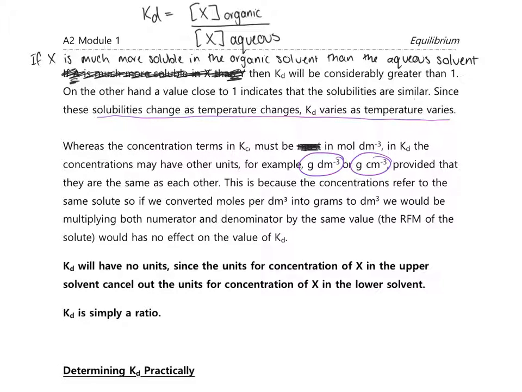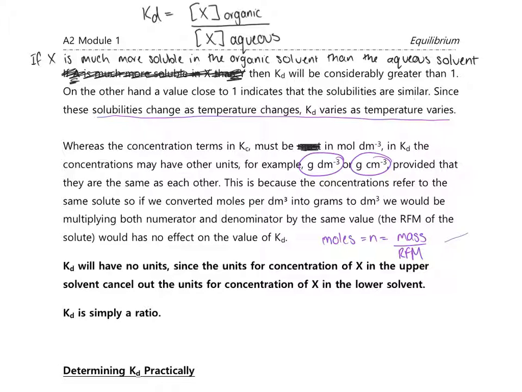We don't have to convert that to moles per decimetre cubed, simply because when we're converting from grams into moles, how do we do that? Well, we use the equation moles, or n, equals mass over RFM.